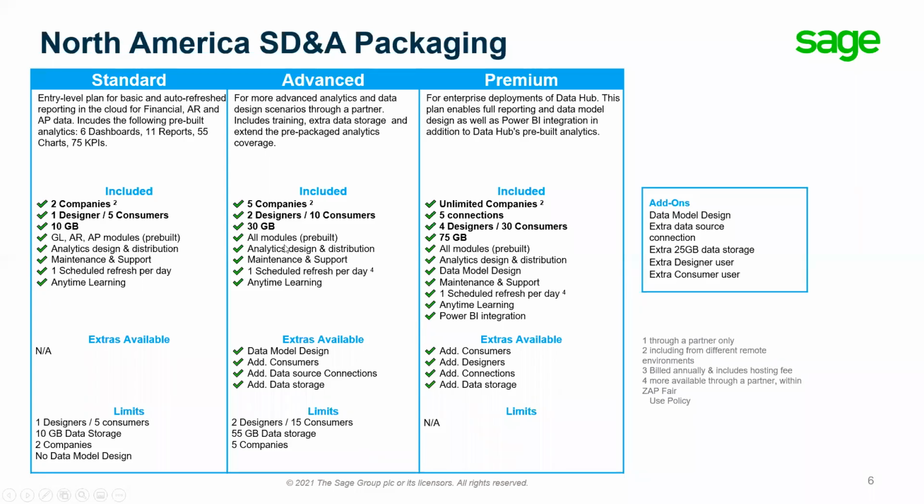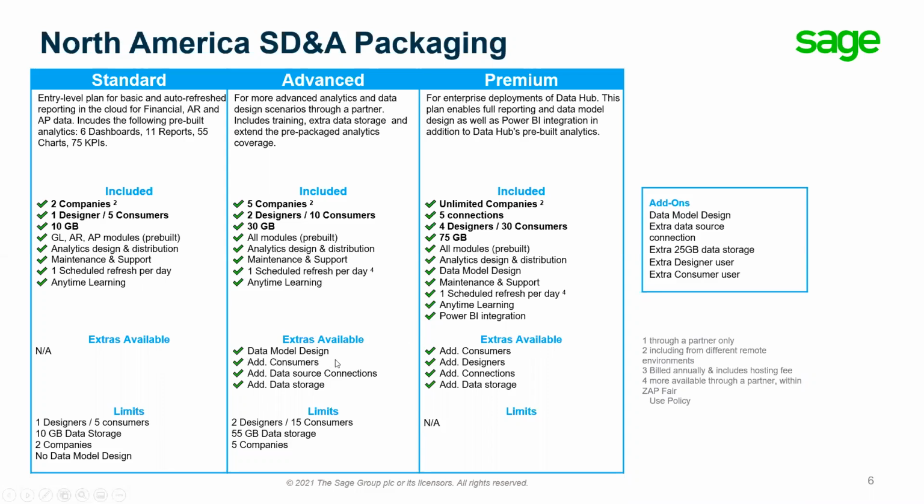The module side of this on the advanced plan, not only do you get the GL and the AR and the AP analytics that Rich was able to show, but you're also able to get the sales, purchasing, and inventory management analytics as part of the solution. What you'll notice is that there are extras available on both the advanced and premium plan.